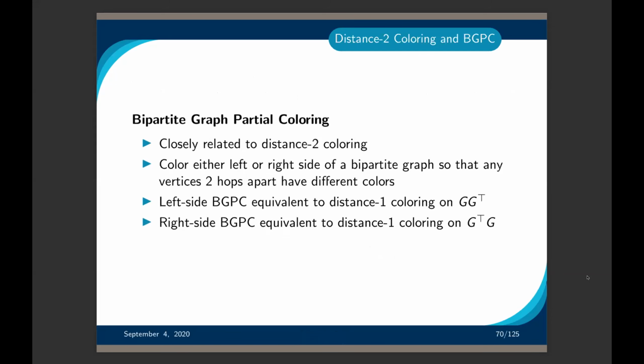Left-sided bipartite partial coloring is equivalent to doing a distance 1 coloring on G transpose, because the rows of the adjacency matrix that you pass in represent the left side vertices, and the columns represent the right side vertices. Because of this, right-sided bipartite coloring is equivalent to a distance 1 coloring on the transpose of that, which is G transpose G.